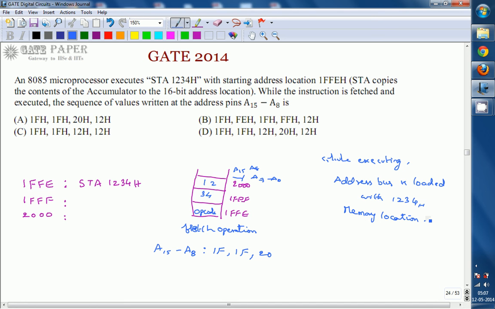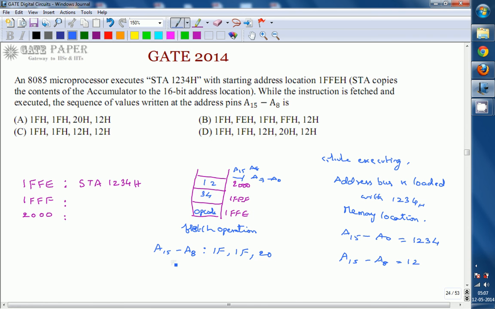The address is specified by the address bus, and the data is transferred through the data bus. So the address bus A15 to A0 is now 1234. Out of this, A15 to A8, the higher byte, is 12.